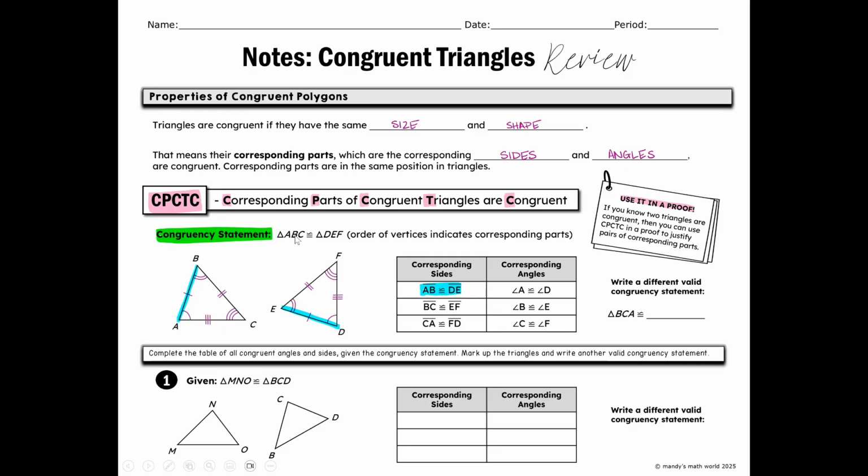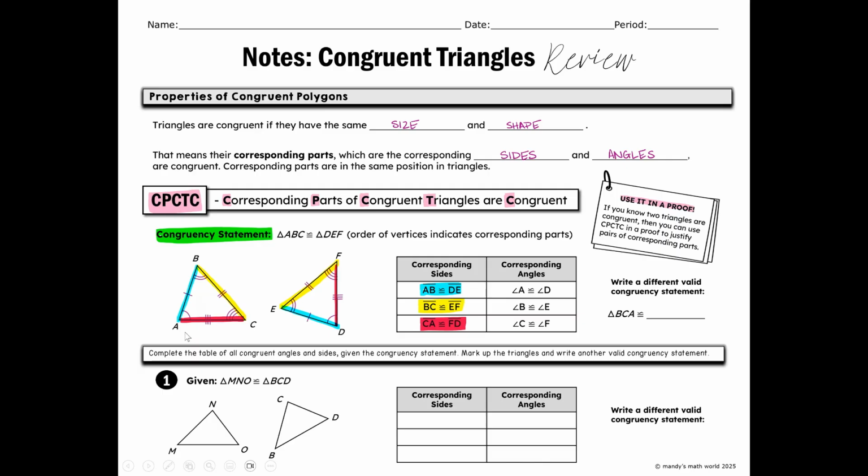Also, in this congruency statement, A and B are in the first and second positions in the first half of the statement, and segment DE is also in the first and second positions in the second part. Let's move on to the next one. Segment BC is congruent to segment EF. Looking at my statement, B and C are in the second and third positions. E and F are also in the second and third positions.